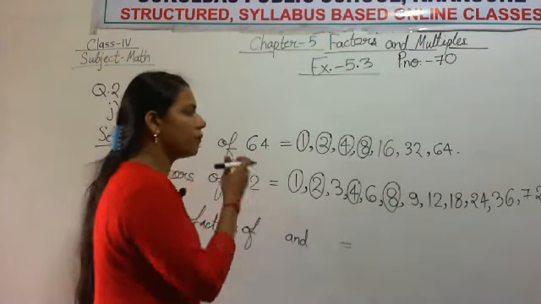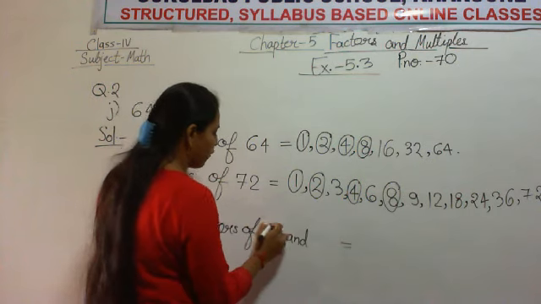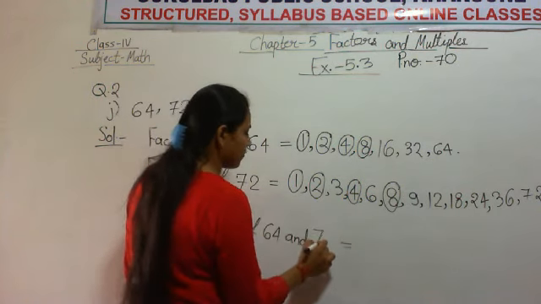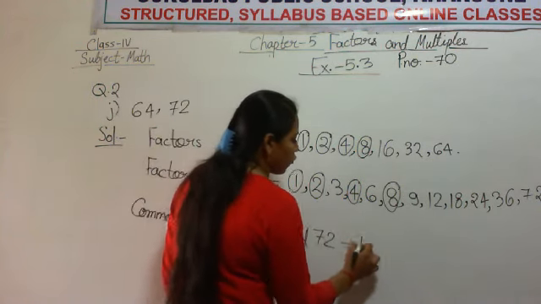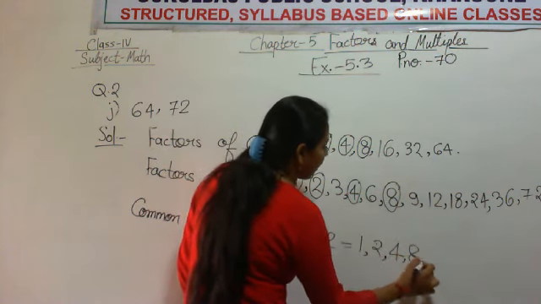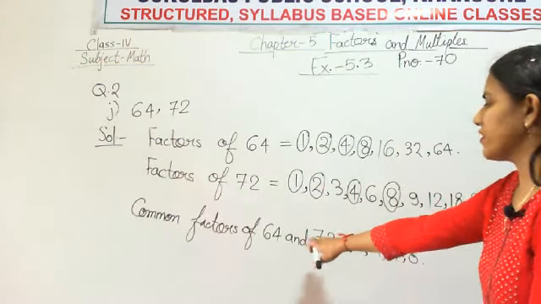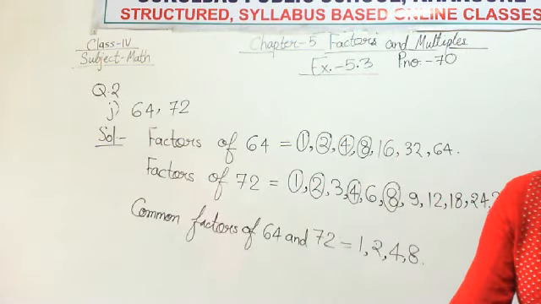So we will stop our circling process here. Now common factors of 64 and 72 are 1, 2, 4 and 8.